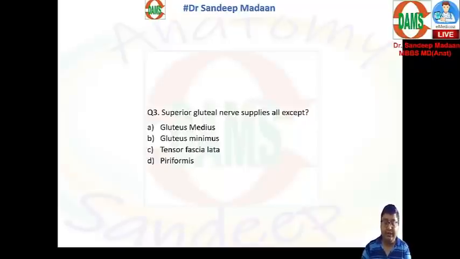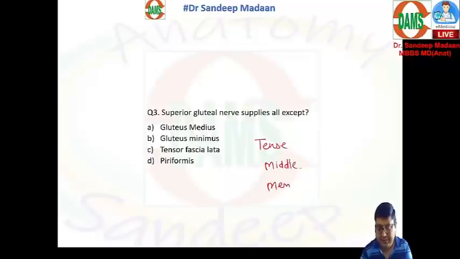Now let us discuss this part, superior gluteal nerve. Superior gluteal nerve supplies all except. So I will describe the anatomy, but I will give you the list of muscles supplied by the superior gluteal nerve, which can be easily remembered by the mnemonic TENSE MIDDLE MEN.